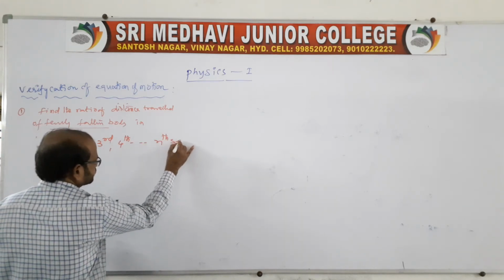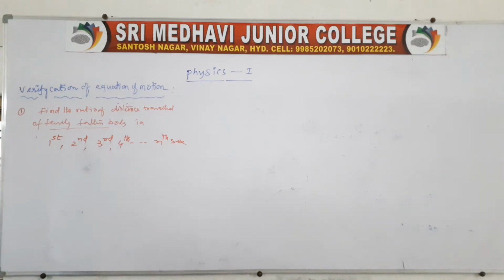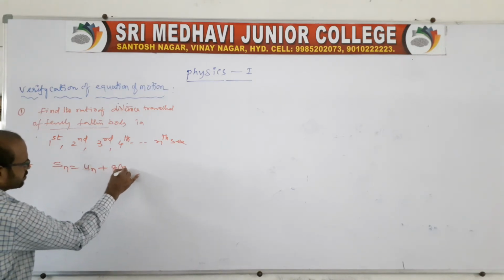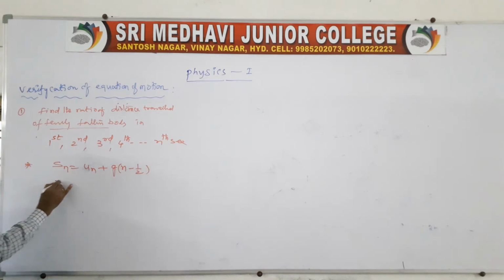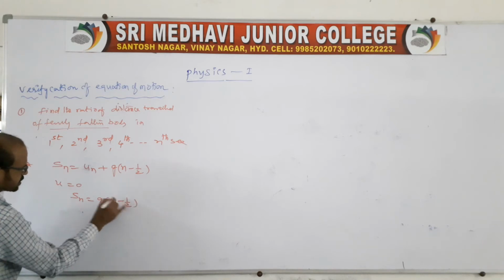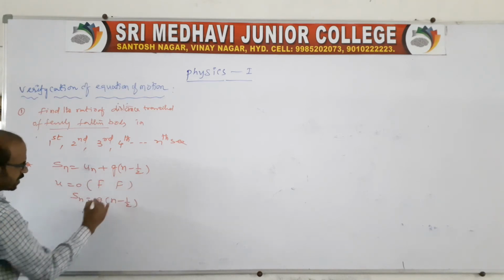This is related to the nth second. So there is an nth second relation we have: Sn is equal to un plus g into (2n minus 1) by 2. Here again u is 0, so Sn is equal to g into (2n minus 1) by 2, because here it is a freely falling body.